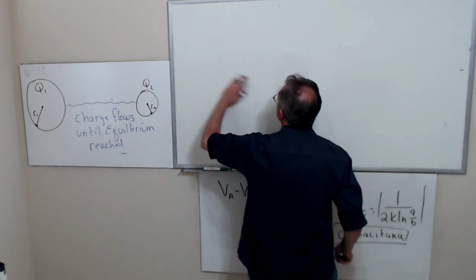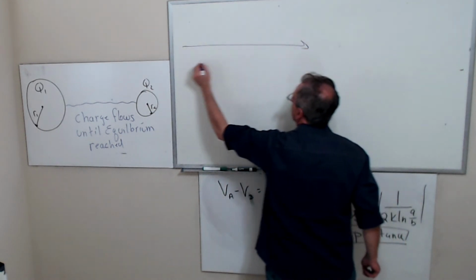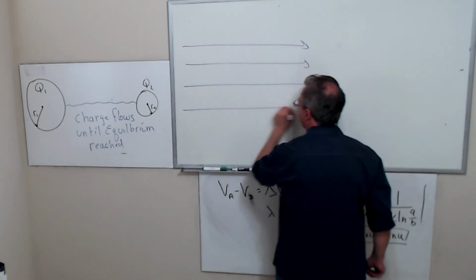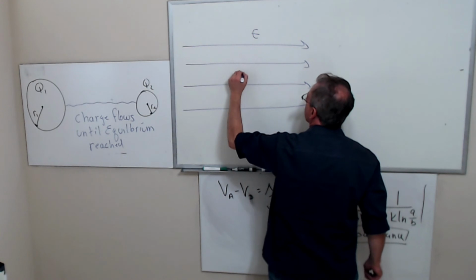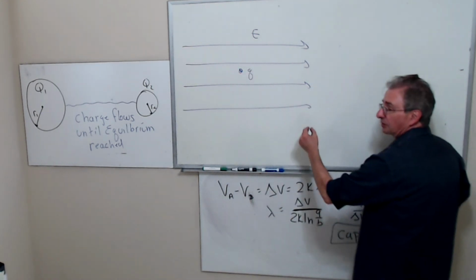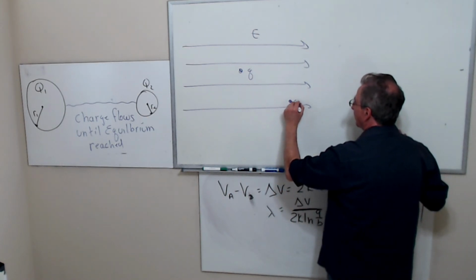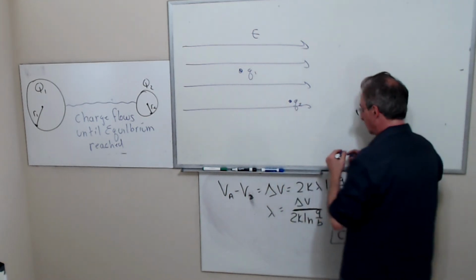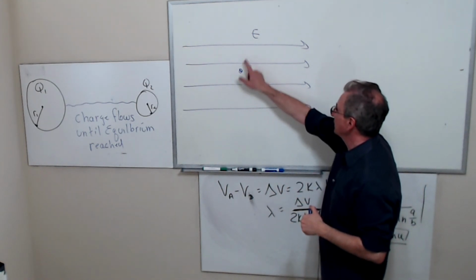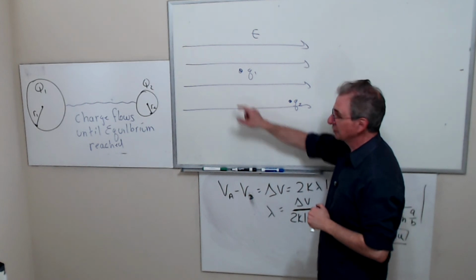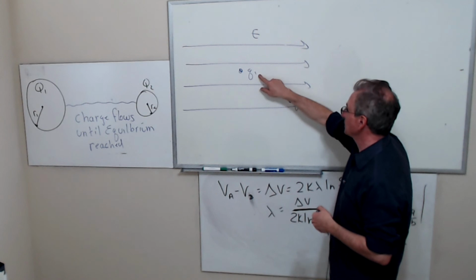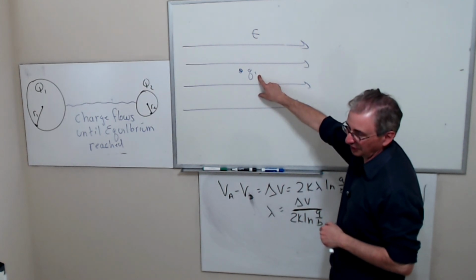So let me draw a uniform field, and let's put a charge here, Q. And then we want to put another charge here, right? So generally, the total field is the sum of the field of these two. But if the field due to the original field is much, much bigger than this field, then we can ignore it.